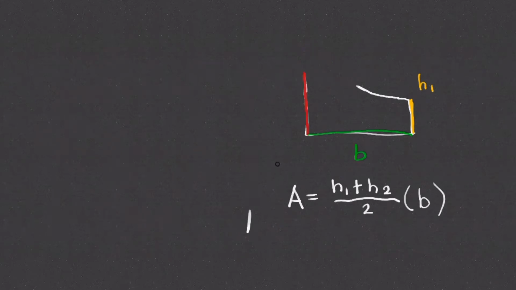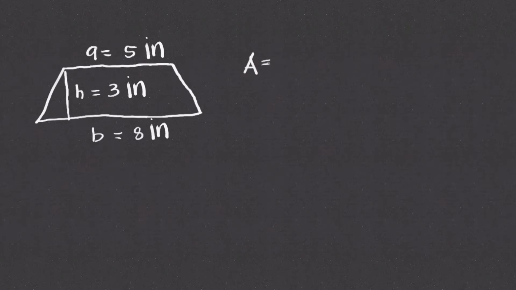Let's try some examples. Let's say we have a trapezoid in which the top length is equal to 5 inches and the bottom length is 8 inches and the height is equal to 3 inches. To solve for the area, we have a given formula.